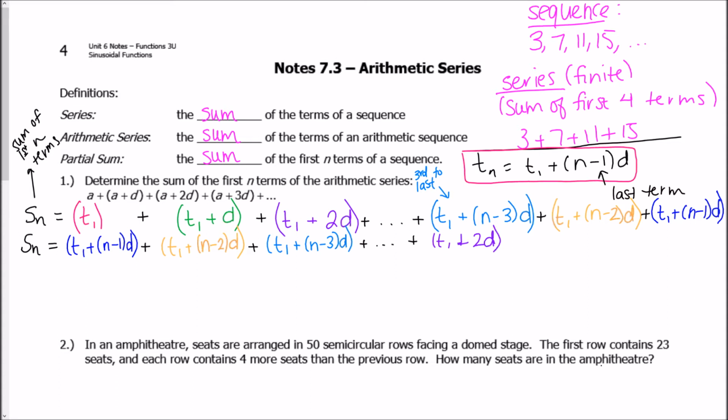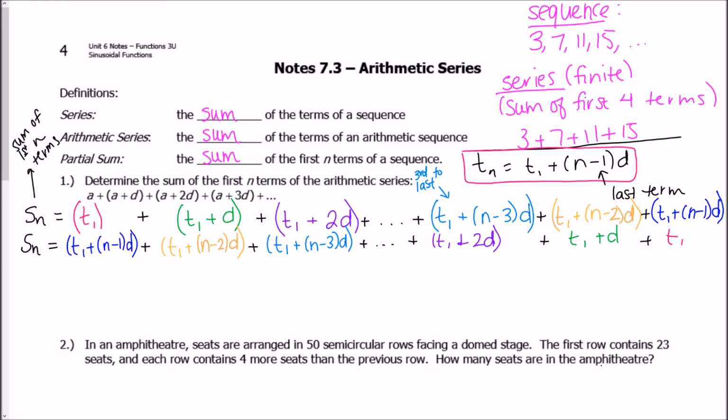And then I'm going to say plus, underneath this guy right here, t sub 1 plus d. And then underneath the last one right here, I'm going to write plus t sub 1.